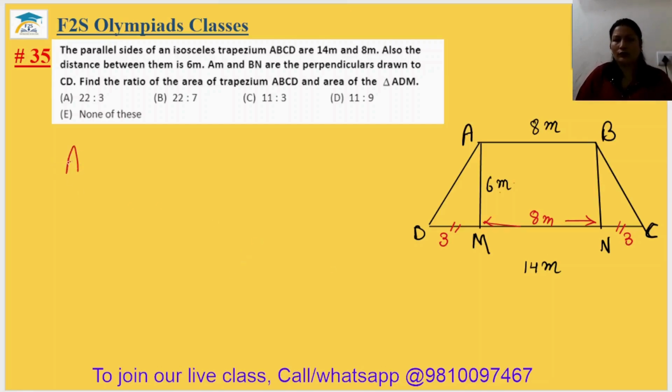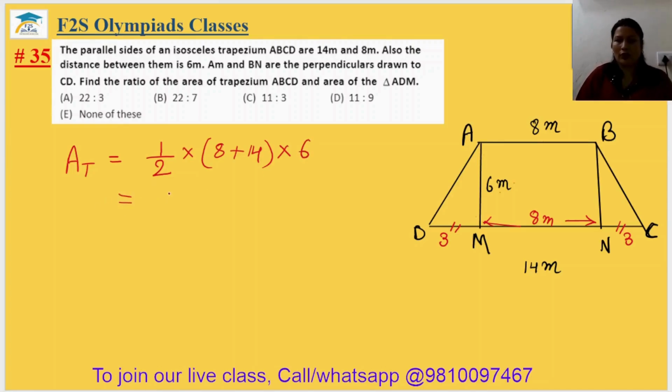Now area of the trapezium, we know that area of the trapezium is half into sum of the parallel sides, that is 8 plus 14, multiplied by the distance between the parallel sides, that is 6 meter.